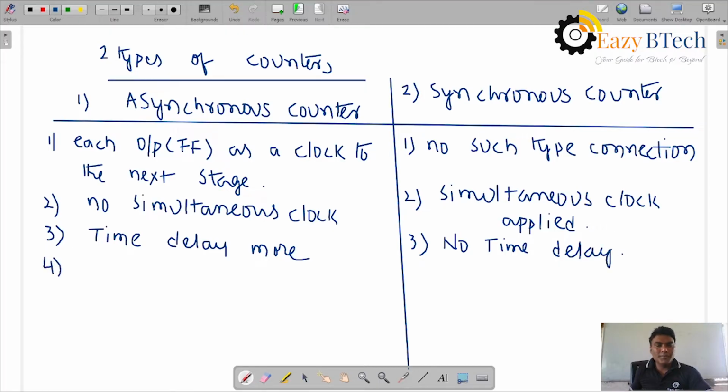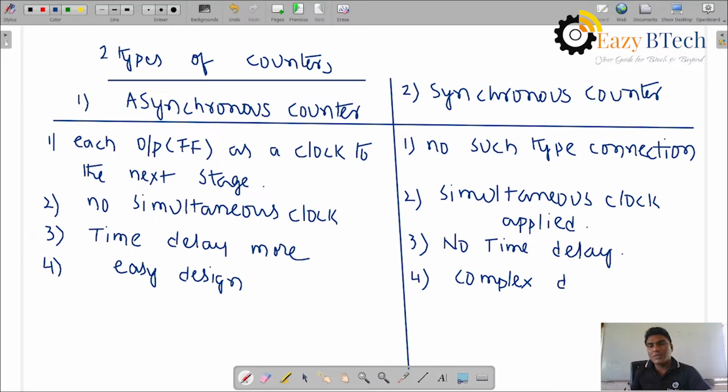And the fourth one, the asynchronous counter is an easy design, and the synchronous counter is a somewhat complex design.